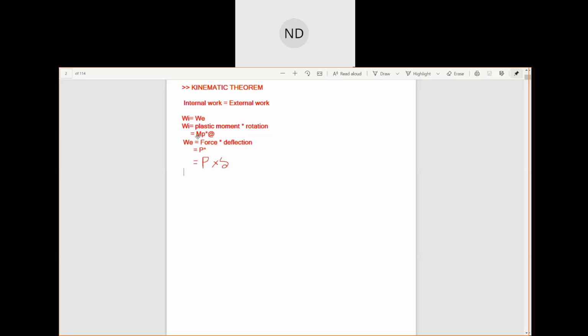Got it? So according to the kinematic theorem, your plastic moment into your rotation theta is equal to your load into deflection. We will see how we can use this kinematic theorem in our questions by solving a simple question here.